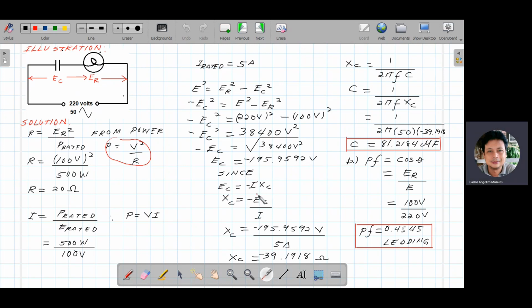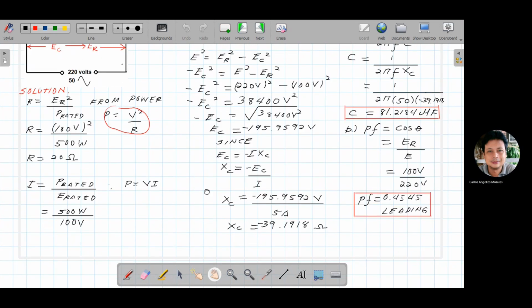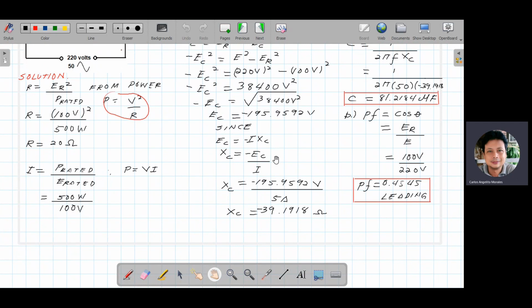Since E_C is equal to I times X_C, X_C is E_C over I. X_C will be given as 195.9592 over 5 amperes. X_C is 39.1918 ohms.